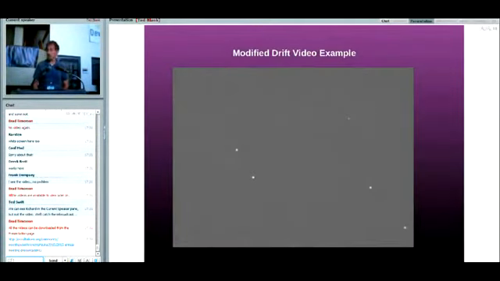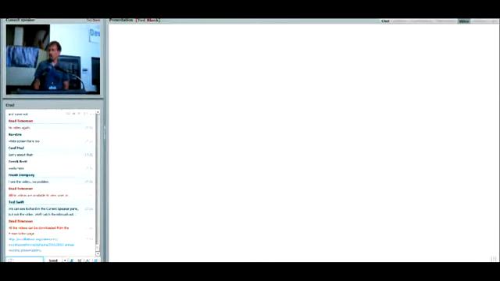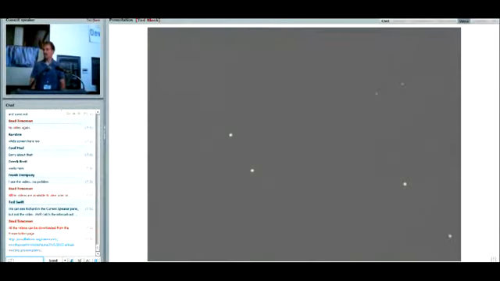So the reduction of this technique, when you're reducing the data, here's an example, another video. Now in this particular video, for those of you that can see it, we have the stars integrating on the left-hand side of the screen. They're integrating, and we're just holding the telescope stationary.